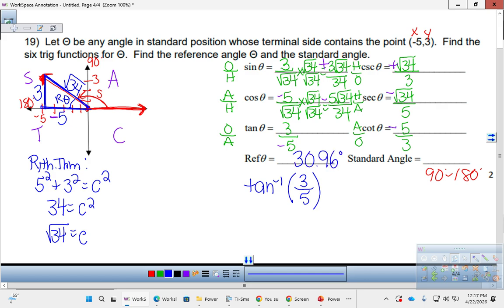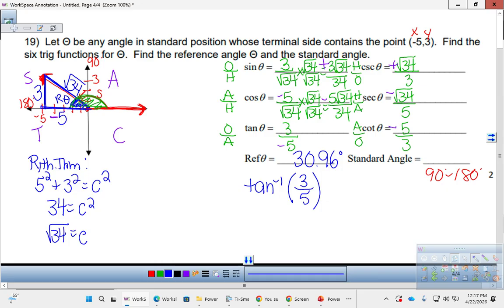All right, so let's think about what that means about our standard angle. Well, together, our reference and standard angle form this 180 degree angle. So if I know that the blue angle here is 30 point something, I need to go the remainder of the 180 for the standard angle.